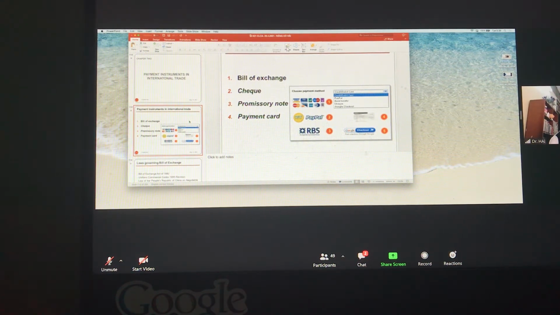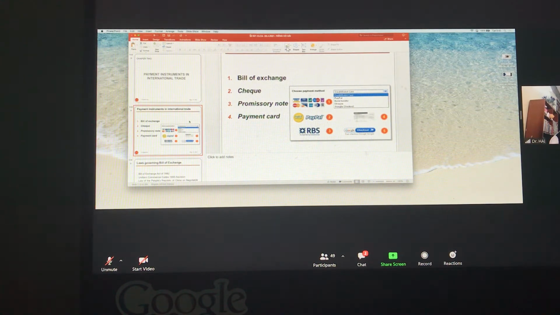Next one is promissory note, in Vietnamese phiếu nhận nợ. Last one is payment cards. Please add S at the end of cards because we have more than one type of cards. For example, we have debit cards, we have credit cards. So we have 4 different types of instruments.